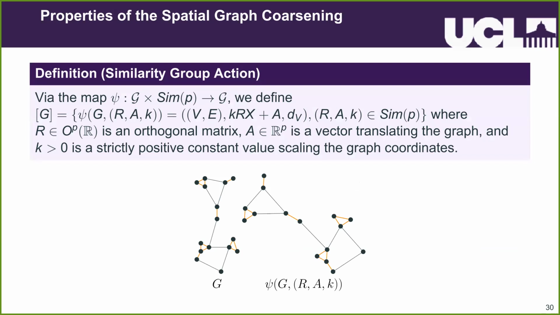If you have an original graph G, you can define a map psi that takes a graph and an element of the similarity group, and it will leave the vertices and the edges untouched, because these just represent the graph structure, and then it will act on the node positions. You have a K, which is a scaling parameter, an R, which is an orthogonal matrix that describes the rotation, and then you can also translate it. This is just how I can take a G and apply the group action to this graph.